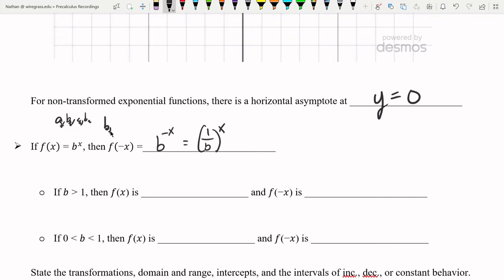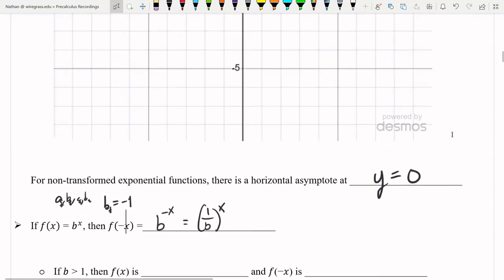So if BT is equal to -1, that means we have a horizontal flip. It's flipped across the y-axis. And we get 1 over b when we simplify that statement down.